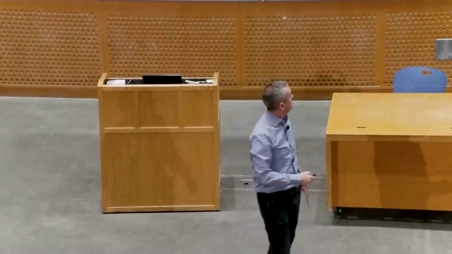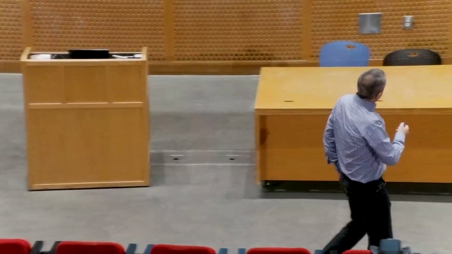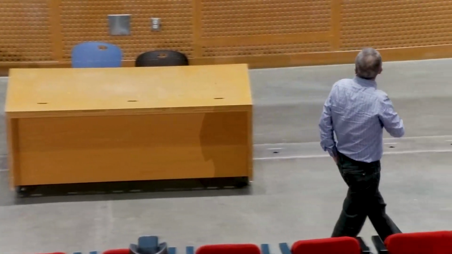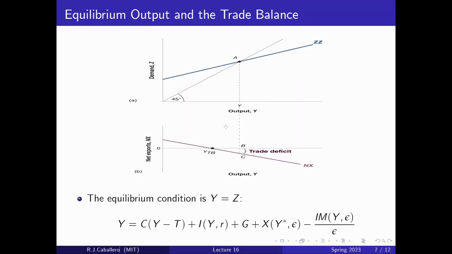Now, in this example, it happens that at this equilibrium output, this country has a trade deficit. I just made that up. Okay. So the equilibrium condition is output equal to Z, output equal to domestic demand plus exports minus imports.